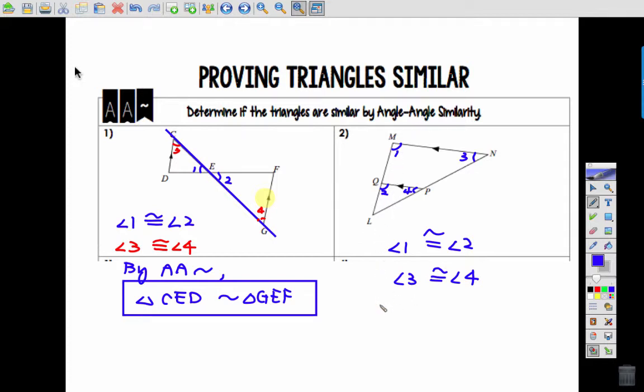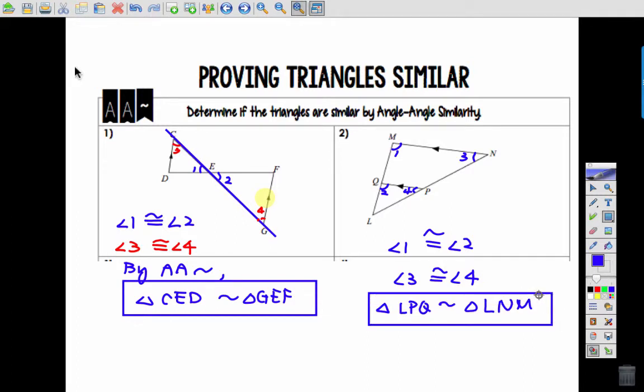So therefore I can draw the conclusion that triangle LPQ is similar to triangle LNM. That's my similarity statement. Okay? Now, let's assume that you stopped right here.